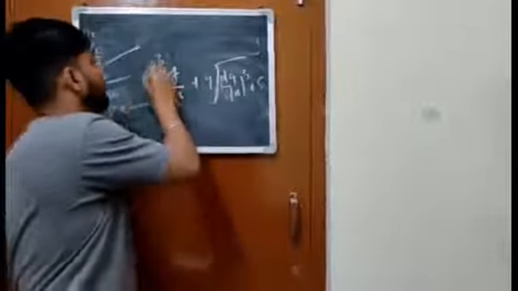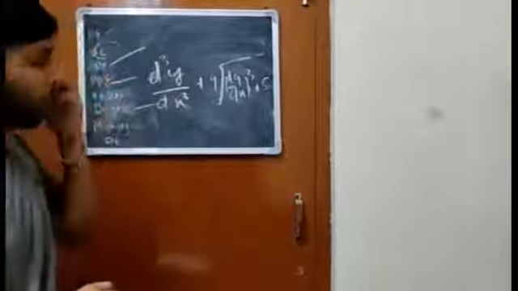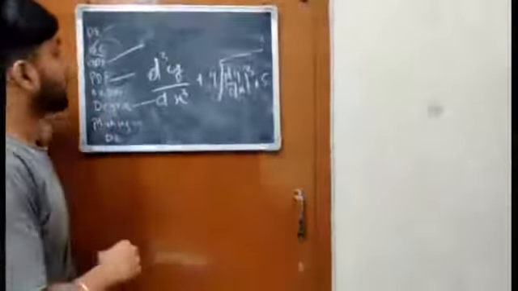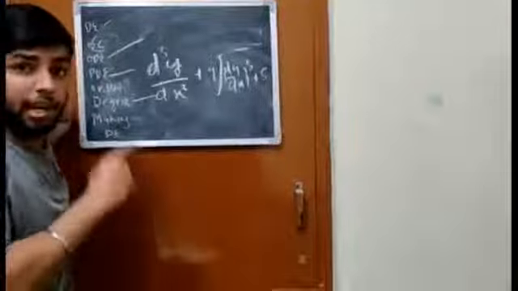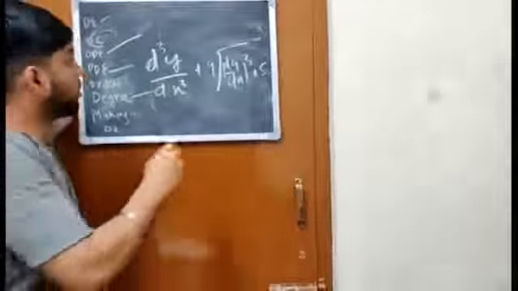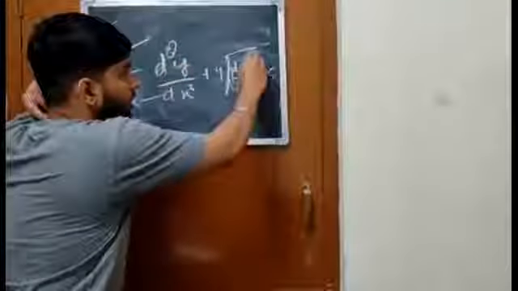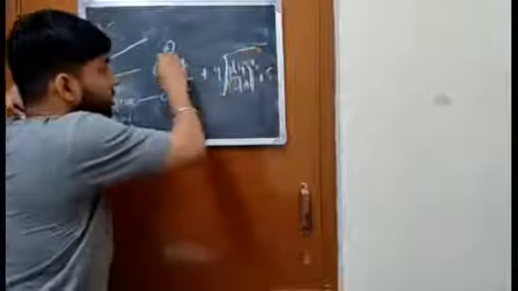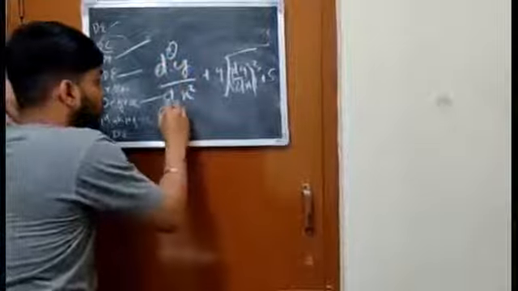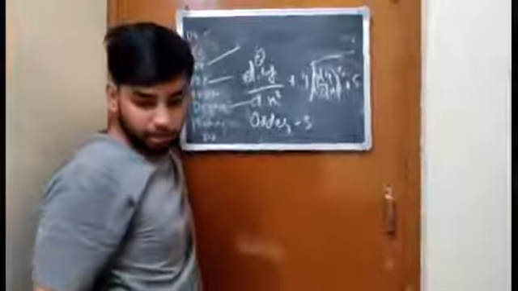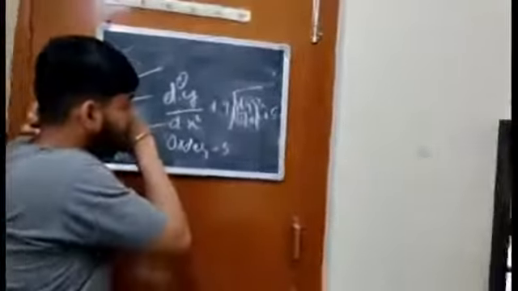Let us suppose this is a differential equation, and we are going to find the order. We have discussed that the highest order derivative gives the order. So the highest order is 3, as this is a third derivative. This is known as the order. Order is 3. Now what is the degree? Degree is 2.